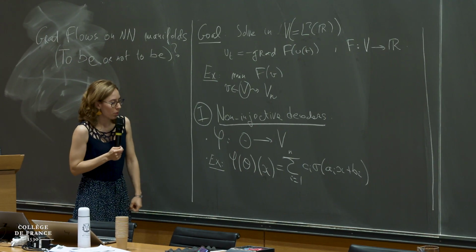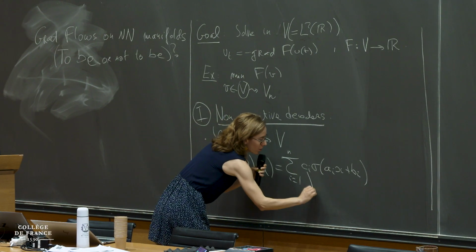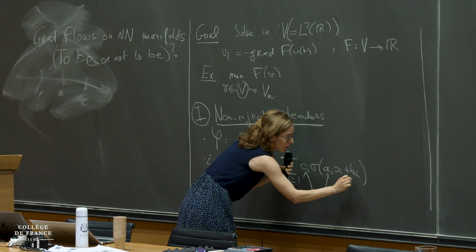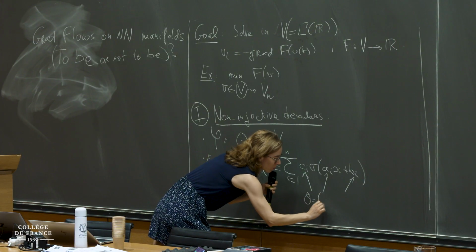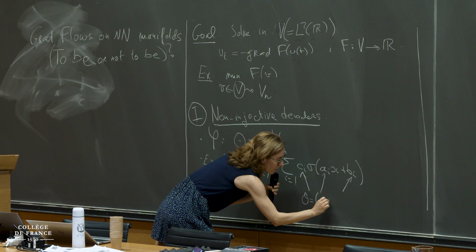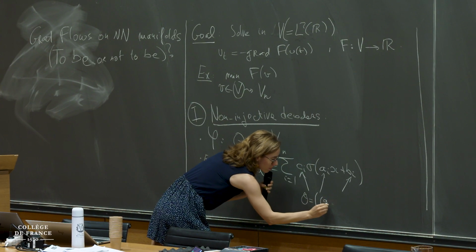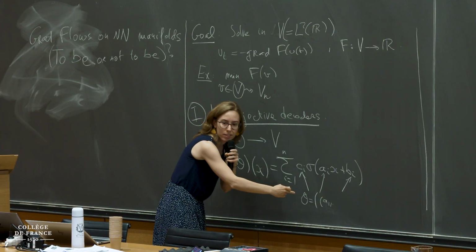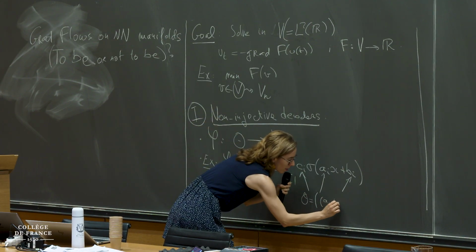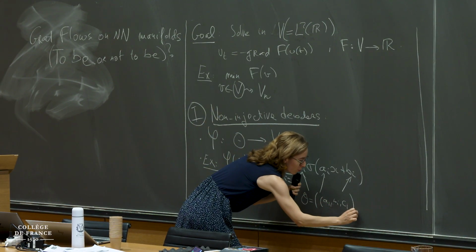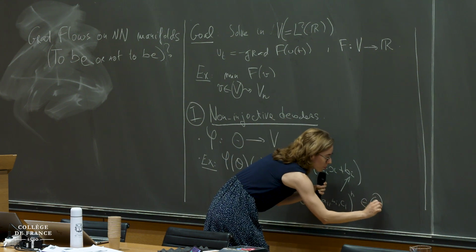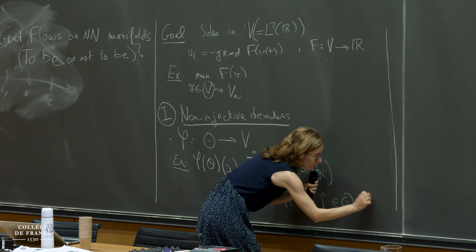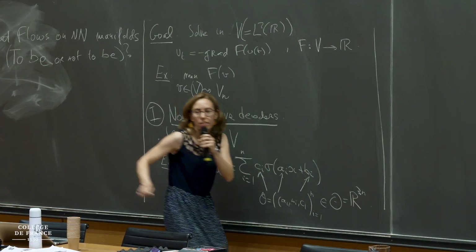Okay, so these are going to be my parameters. These are going to be theta equals a_i, b_i, c_i for i equals 1 to n, and this is going to belong to the space capital Theta, which is going to be R^{3n} in this case.